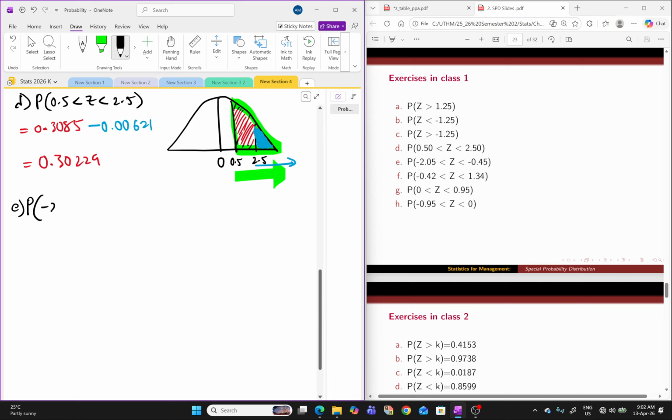Probability of negative 0.5 in Z is in between negative 0.5 and negative 4.5.